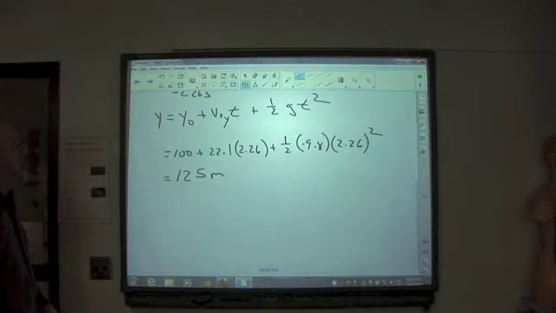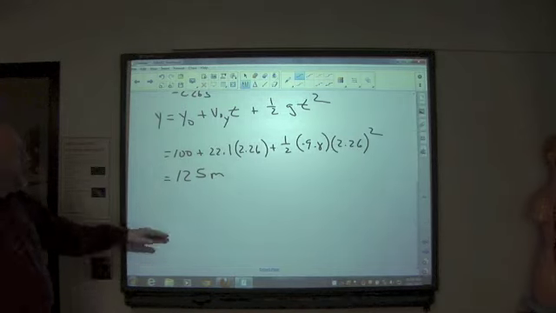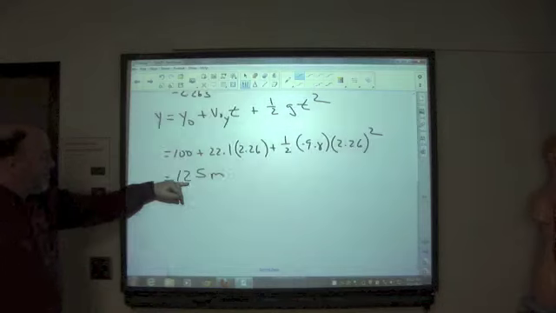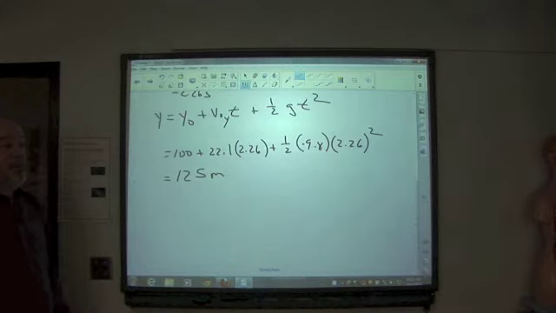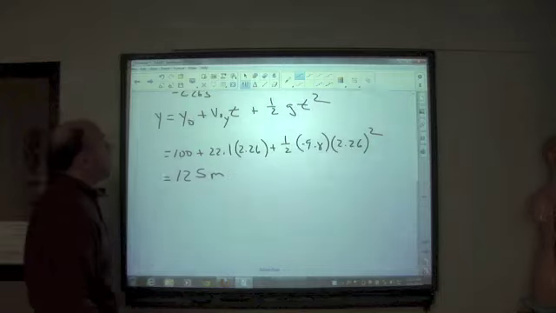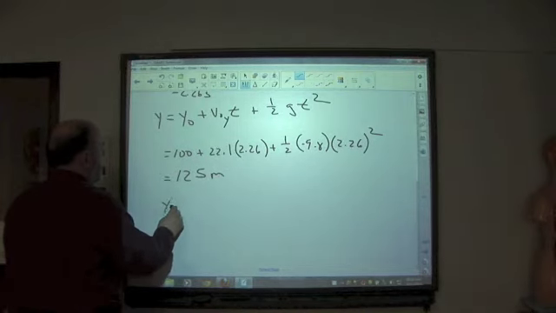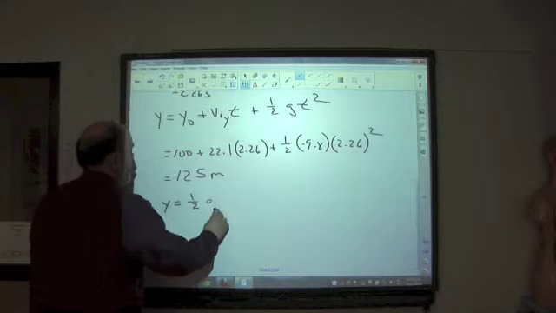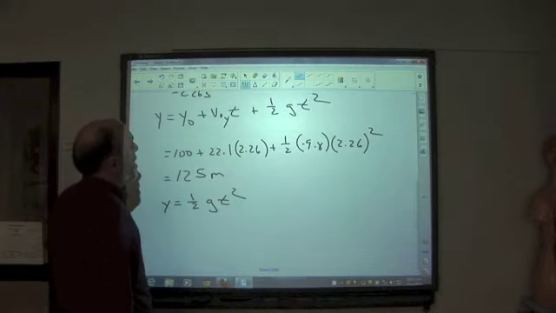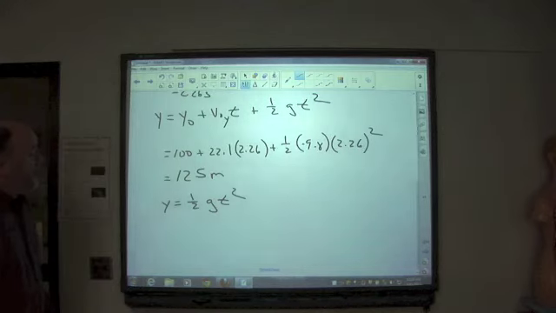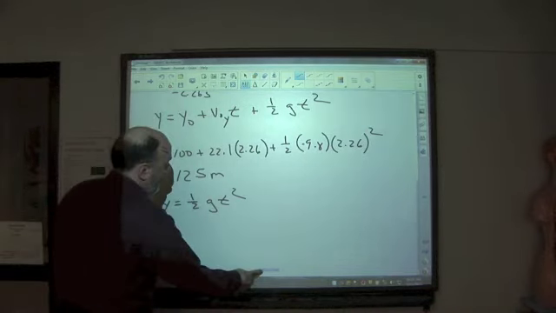So the time up we got. Now what we need to know is how long does it take for an object to drop 125 meters. For that, we can go back and use this equation. Because when it gets to that highest point, for a brief moment, its velocity in the y direction will be 0. So it is dropping from rest.